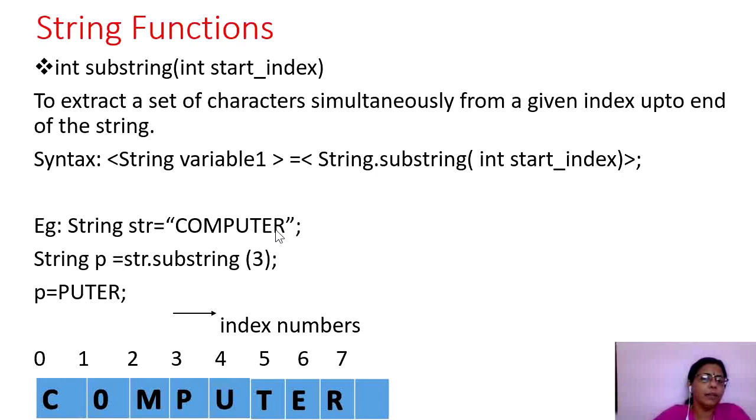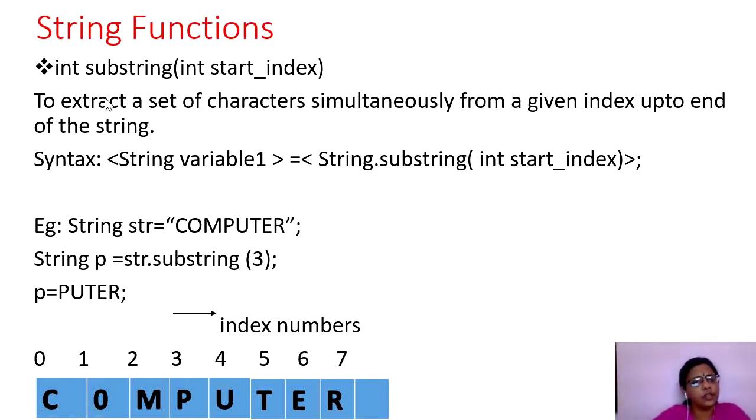Means I am going to create another string from this main string. But here the letters should be given consecutively, right? So I want PUTER. So I'll make use of the function called substring. And here substring can be used in two forms. One is you can tell the compiler from which position you want to start extracting the string.